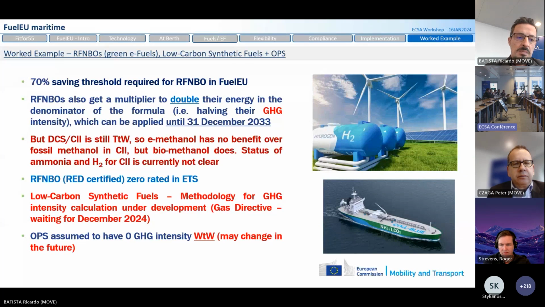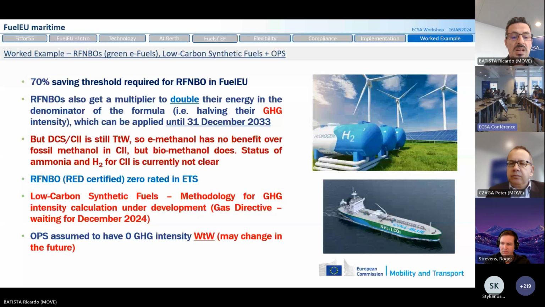In DCS and CII, since these are also still tank-to-wake frameworks, e-methanol will have no benefit over fossil methanol. However, biomethanol will already in CII be considered more beneficial given the developed guidelines for biofuels under CII.